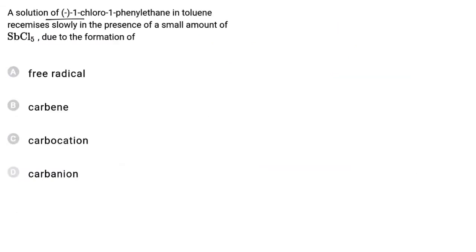A solution of 1-chloro-1-phenyl-ethane in toluene racemized slowly in the presence of a small amount of SbCl5. So, in the presence of SbCl5, SbCl5 acts as a Lewis acid.